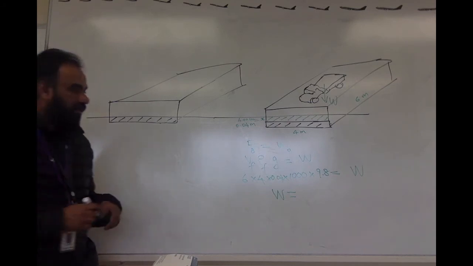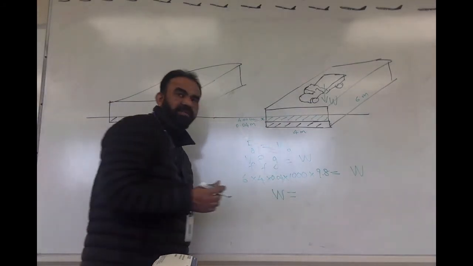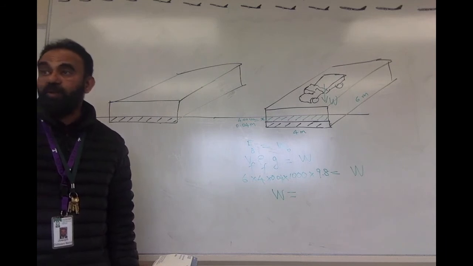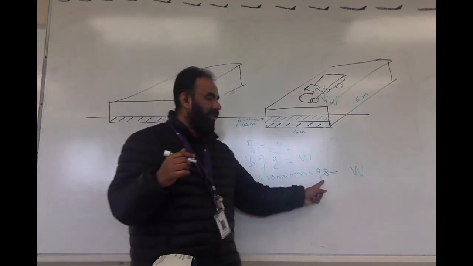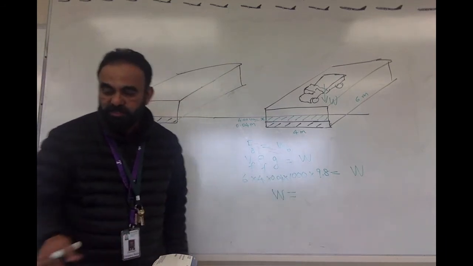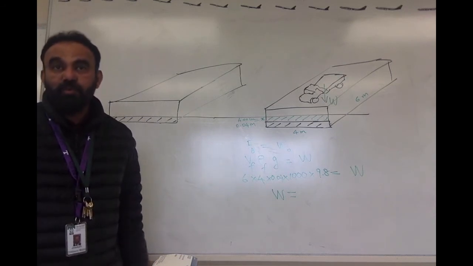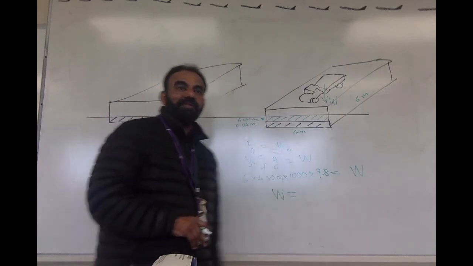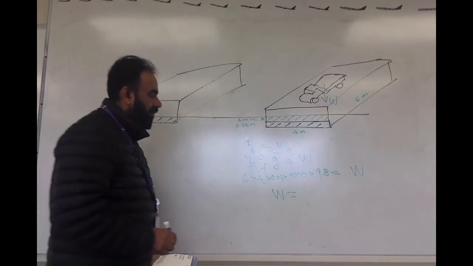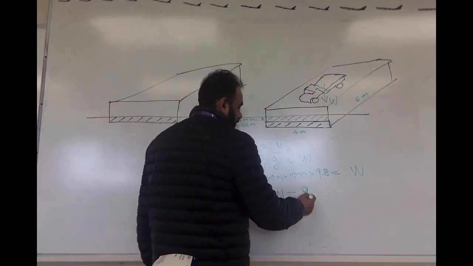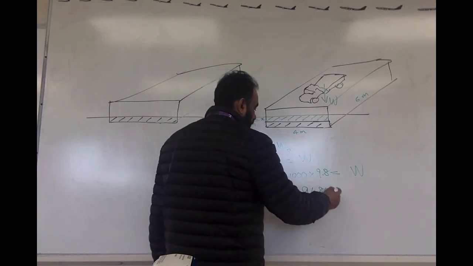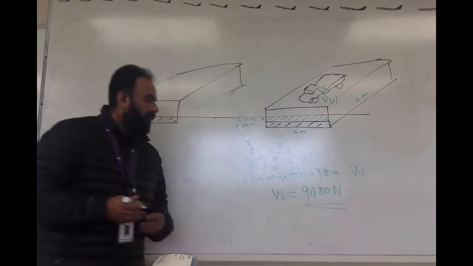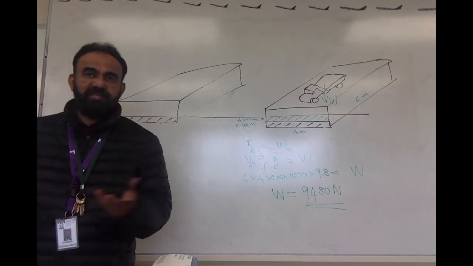We want weight. That's why I use 9.8 here. The question is not asking for the mass of the truck, it's asking for the weight of the truck. So how much is it? 9,480 newtons is normal.